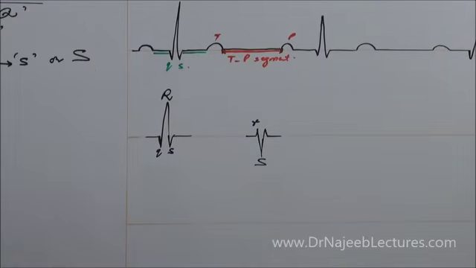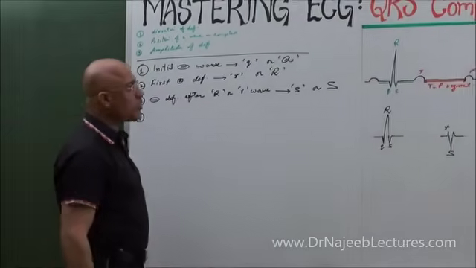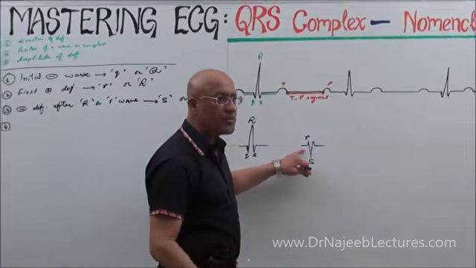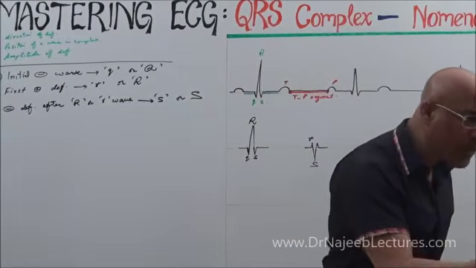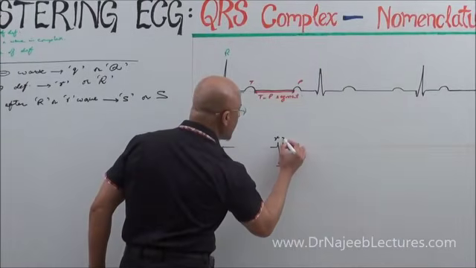Okay, let me tell you before you get more confused. Here's one more rule. The rule is that if you have a second positive deflection within the QRS complex, that will be labeled as R prime.